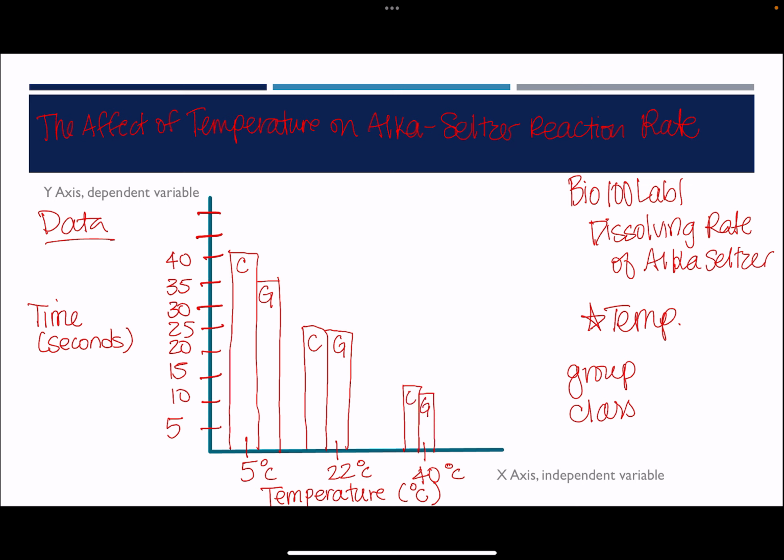So class and group. And so this shows us that the colder temperature took longer to dissolve the Alka-Seltzer. Warmer temperatures went more quickly. You may have gotten completely different trends, maybe nothing like this. This is just the graph that I happen to be drawing.